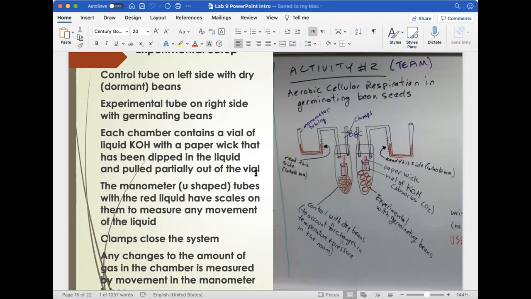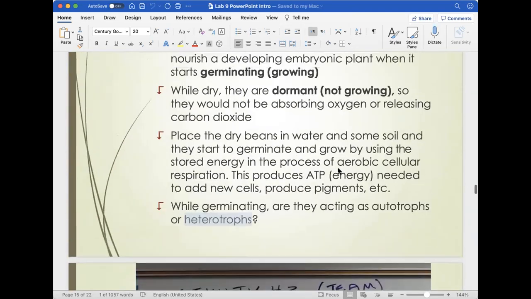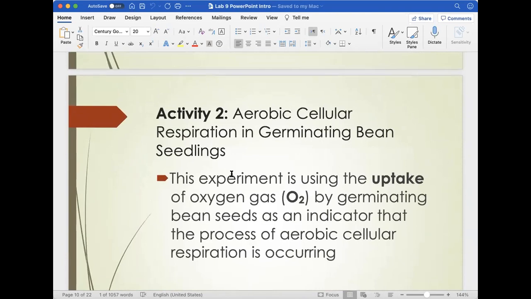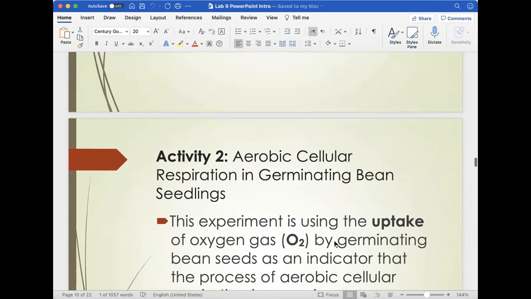And again, it will be absorbing the carbon dioxide. And why is it absorbing the carbon dioxide? That's because the experiment will use the uptake of oxygen by germinating seeds as an indicator that the process of aerobic cellular respiration is occurring.